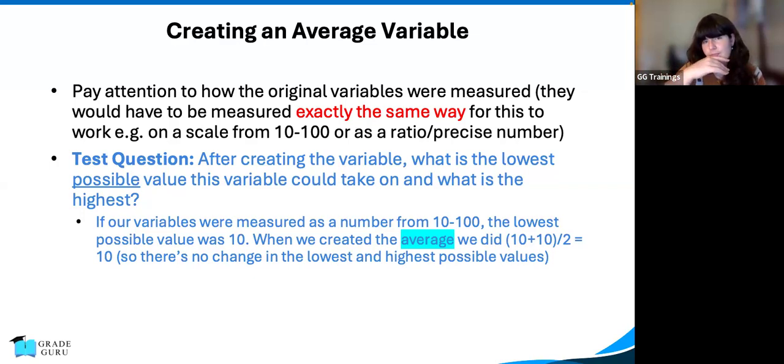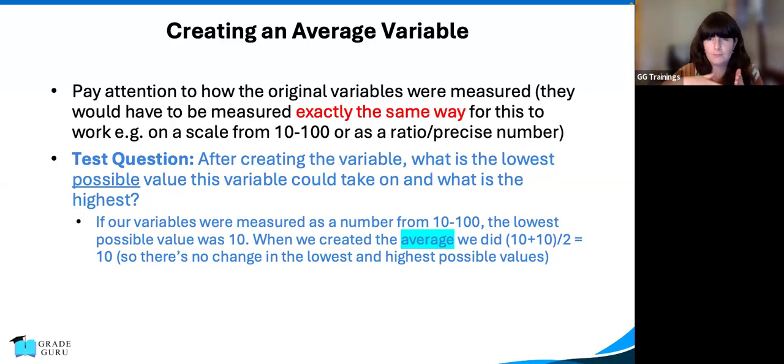All right. Okay, lowest possible value versus highest possible value. So if you are working with a scale from 10 to 100, then the lowest possible value is 10. Because when they say possible, they're not referring to what is the lowest score that a video got. It's asking the possibility.